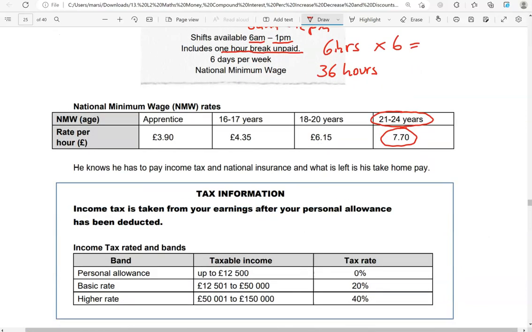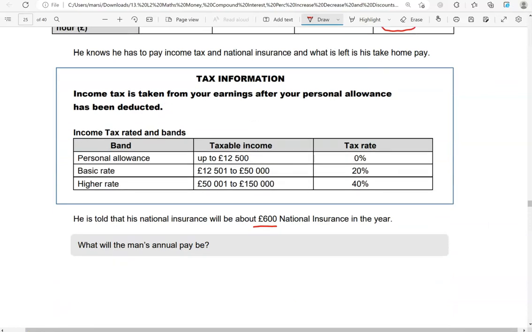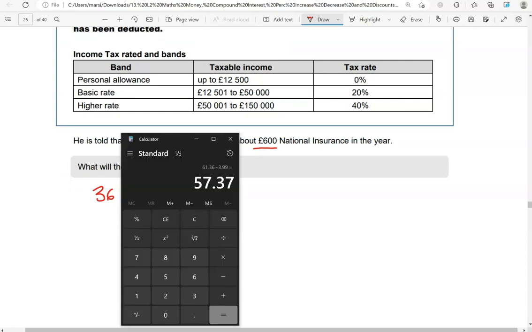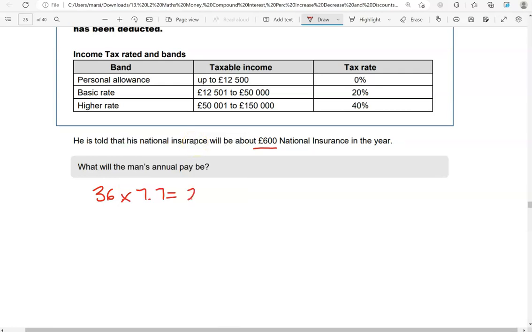So 36 hours times 7.7 gives us 277.2. That's the weekly pay.